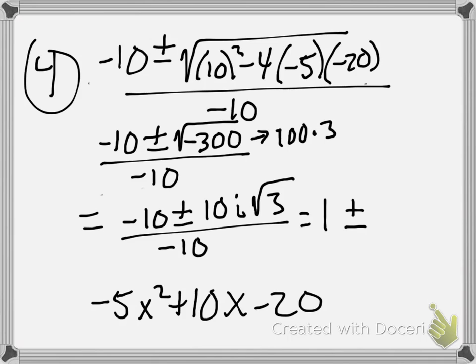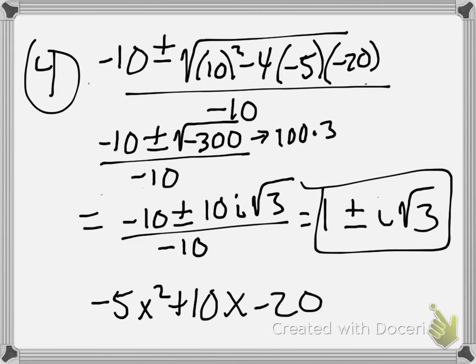So it just becomes i square root of 3. So there are our two imaginary roots, and our one real root was negative 1/5, I'm sorry. So there are our three roots for that one.